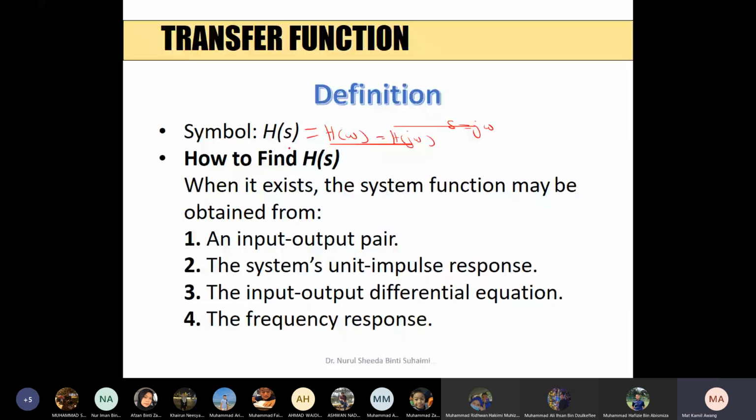How to find H(s) of a system? There are 4 ways.